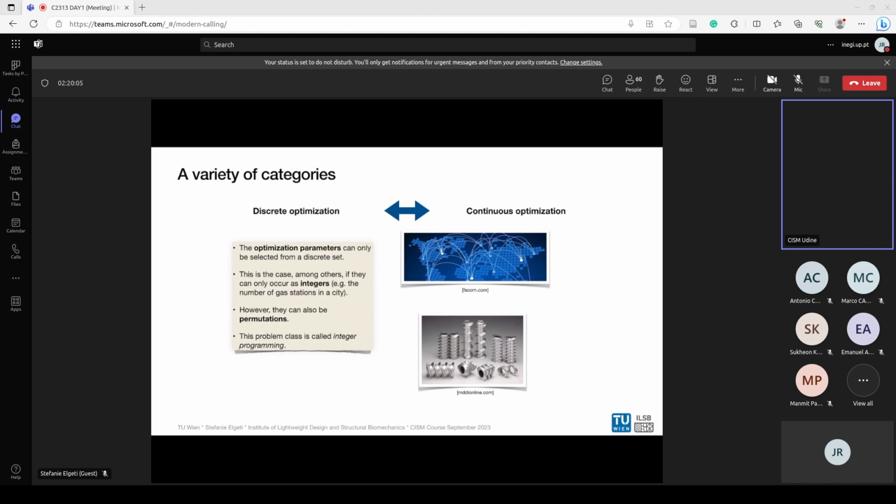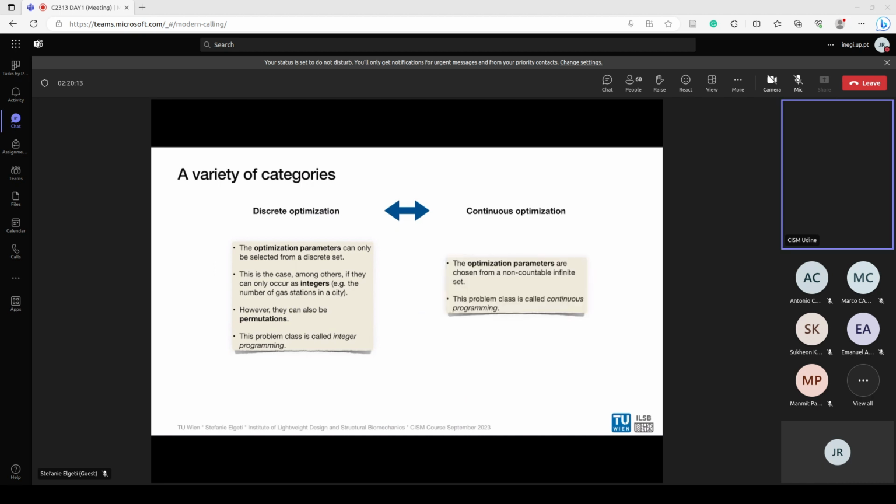And this problem class is also called integer programming. Instead, in continuous optimization, our optimization parameters are chosen from a non-countable infinite set, and this is called continuous programming. And there's also a combination of both then called mixed integer programming.